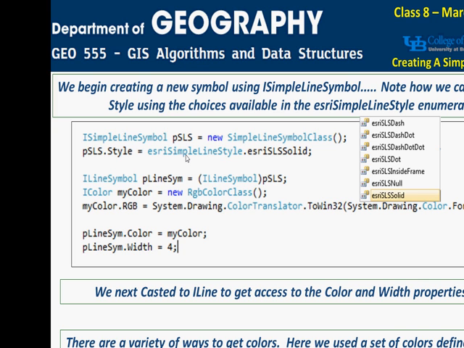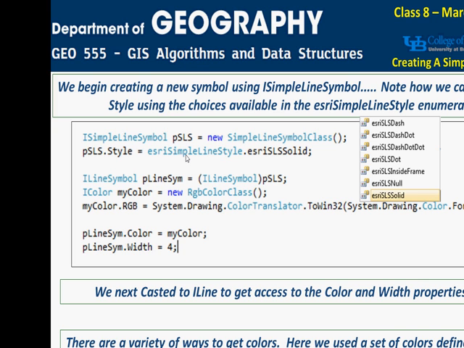Here, I've cast the ISimpleLineSymbol variable to ILineSymbol. I'm also creating a new color class object using IColor. Sorry, this starts to get a little confusing. There's a lot of different classes and interfaces to think about. IColor is the interface, and RGBColor is the class.